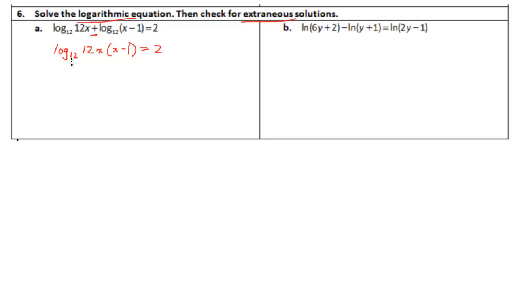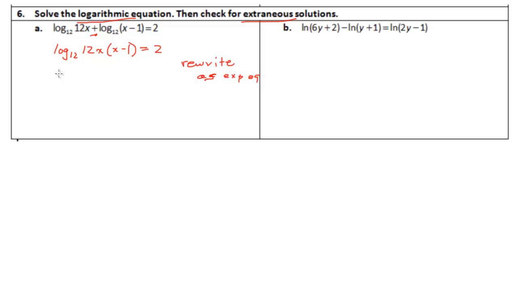So log base 12 of this whole argument equals 2 can be rewritten as an exponential. The reason we do this is because we only have a log. We can't do one-to-one. We don't have log base 12 on both sides. So rewrite as an exponential equation.